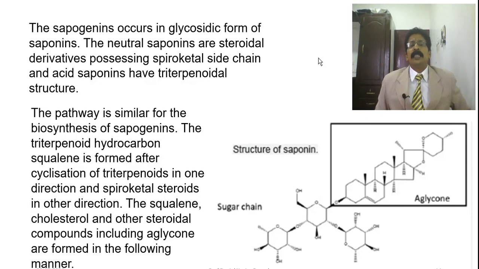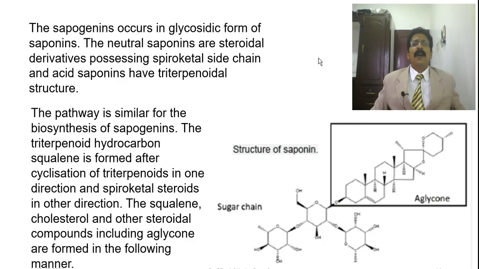And then you can see the sapogenin occurs. Now sapogenin glycosides. Sapogenin is also a long, complicated structure, but it is very simple to remember. It is also a glycoside, so it will surely have a sugar part as well as an aglycone part.